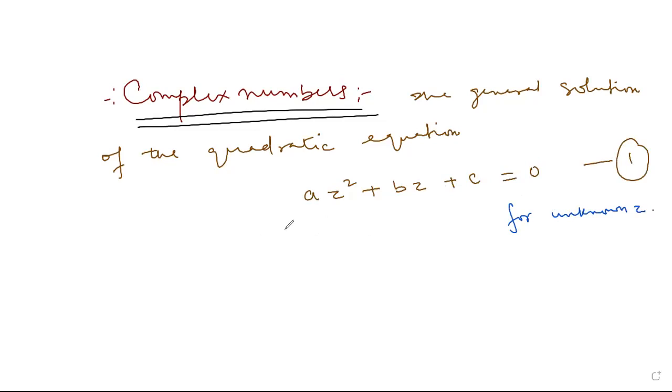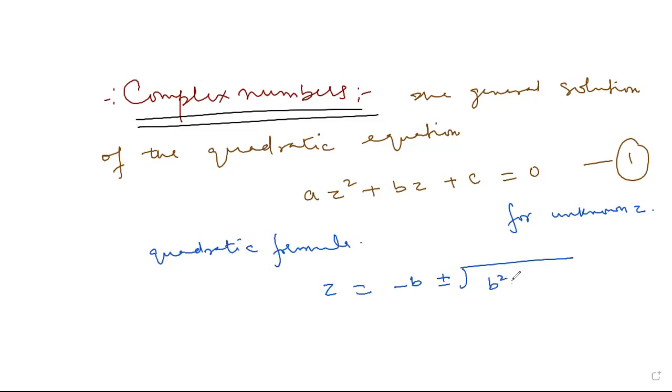And its solution is given by the quadratic formula. You know this. What is the quadratic formula? Z is equal to minus b plus minus square root of b square minus 4ac whole divided by 2a.